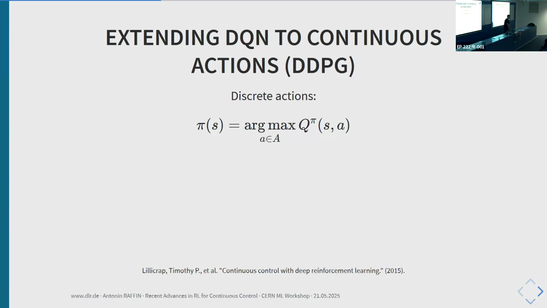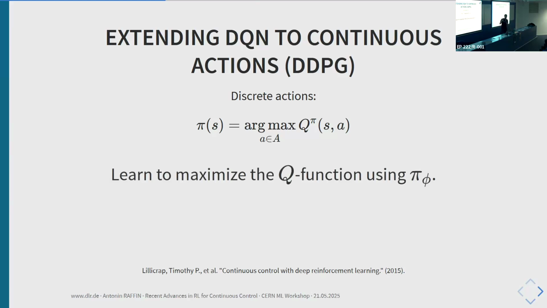So one way to counteract this problem, you could do some sampling, or you actually can learn another network whose job will be just to maximize the Q value, so to approximate the maximum function. And this other network, we will call it pi of phi, because it will also be your policy. It tells you what is the optimum action to take in a specific state.